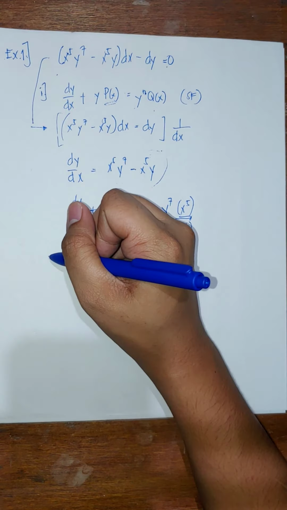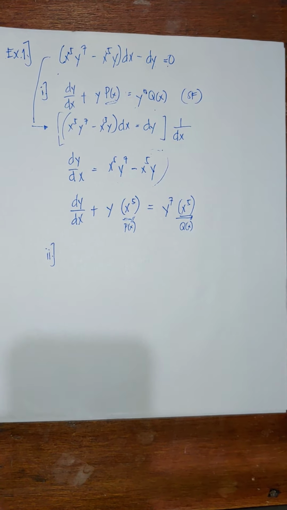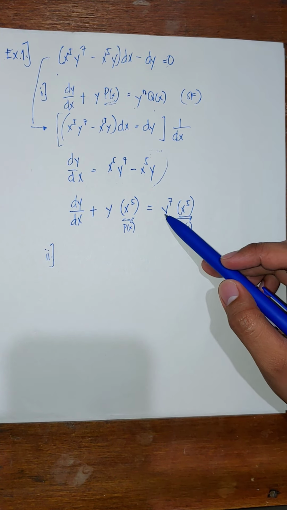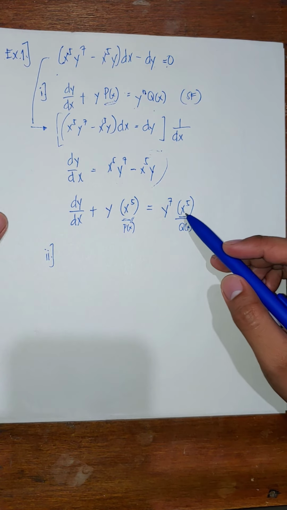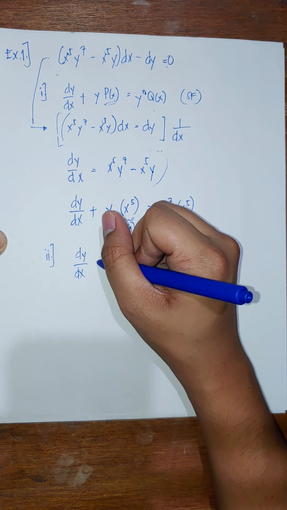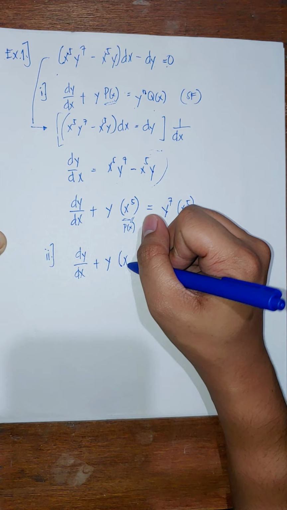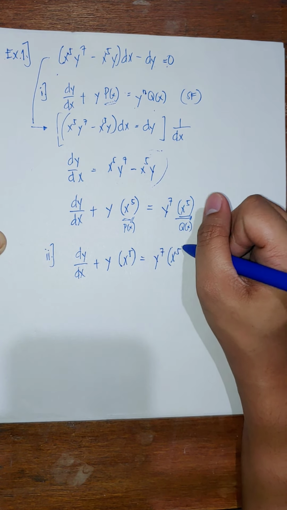Next, what do we do after we rewrite it in the standard form? We get rid of this y on the q of x side, or on the right hand side. So we multiply the whole equation with the reciprocal of this one. So y times x to the 5th is equal to y to the 7th times x to the 5th.